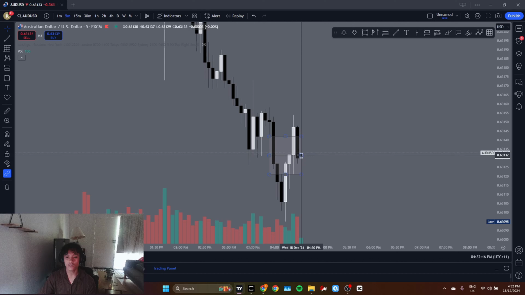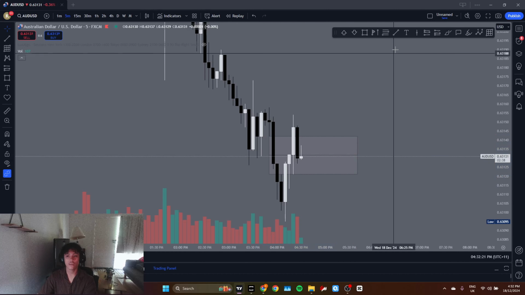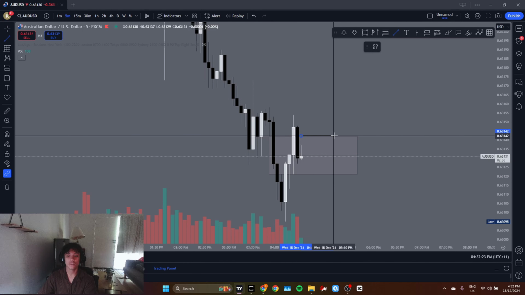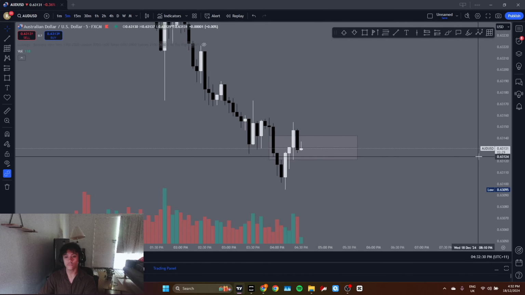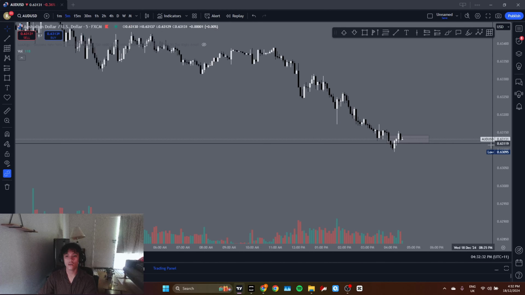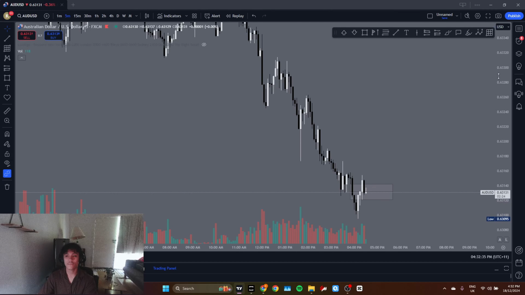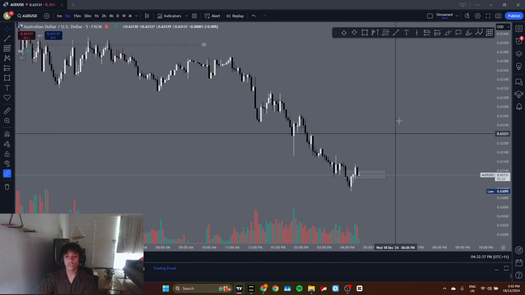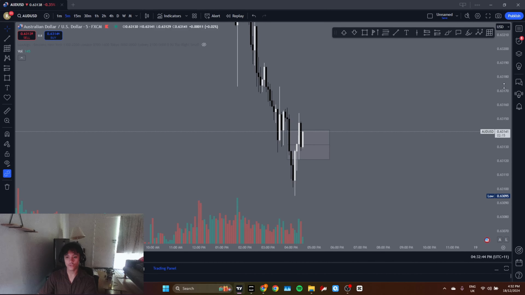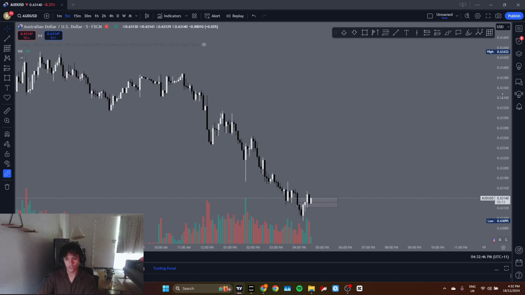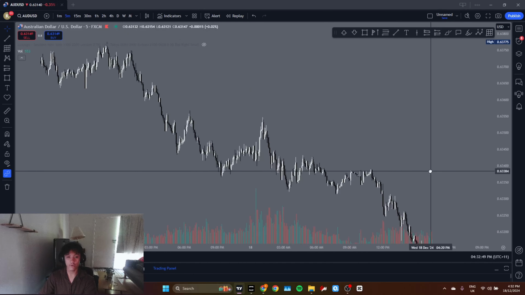So what I'm thinking is, once we close above this high, this area here, which is the top of this fair value gap, I am somewhat comfortable with risking my capital for a quick trade. But we have to close above. We have to close above. And there's a lot of liquidity lying around here.